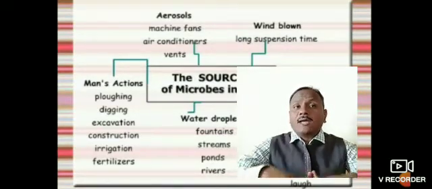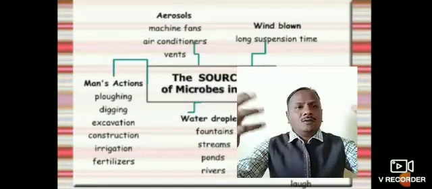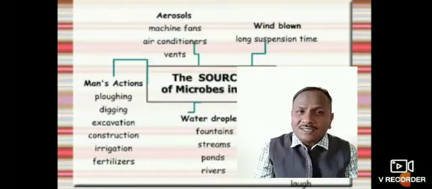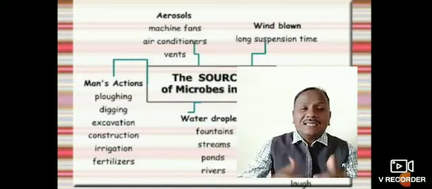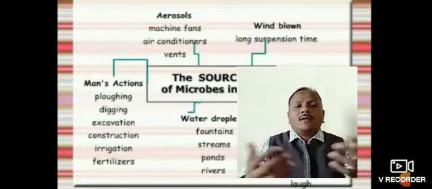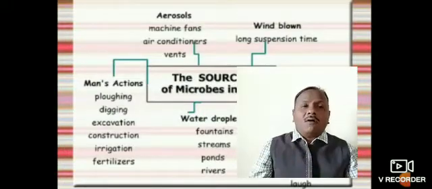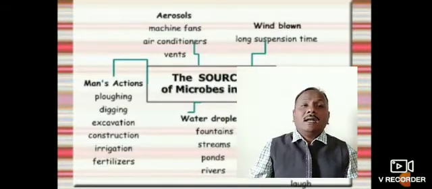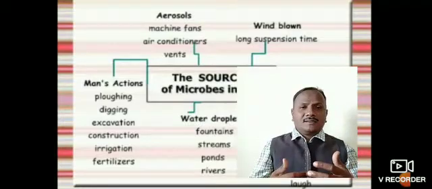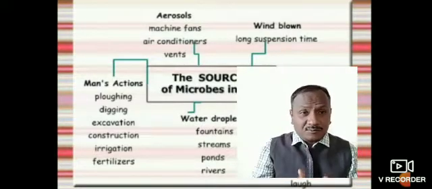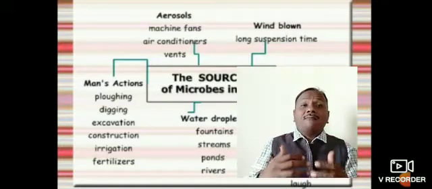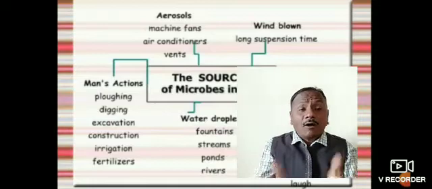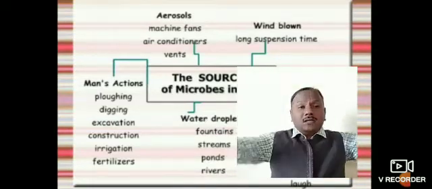Through soil, microorganisms get mixed into the air. During ploughing, digging in the soil, excavations, construction of houses, bungalows or any other constructions, and during irrigation and fertilizer application, these are man's actions in the soil, and the soil particles or dust particles get mixed in the air.